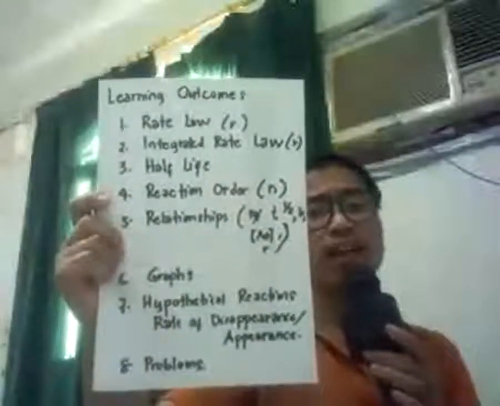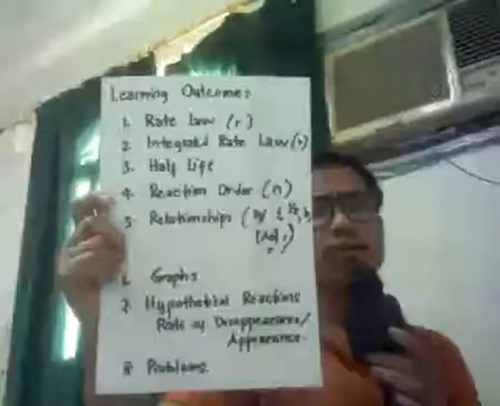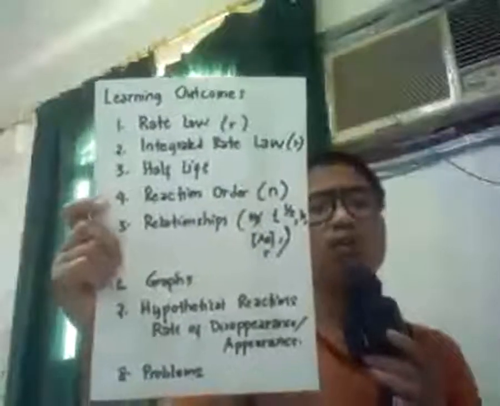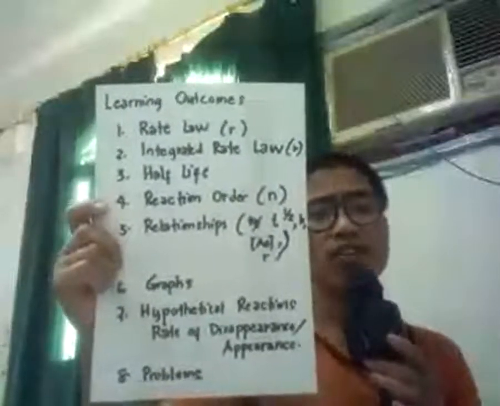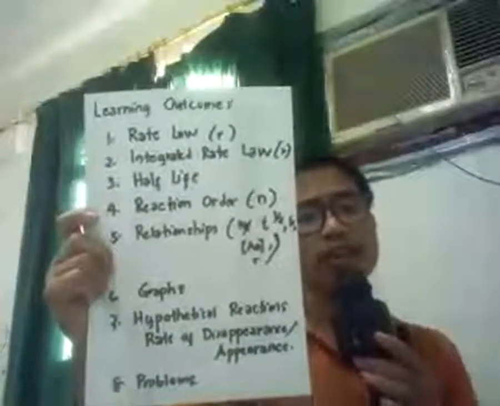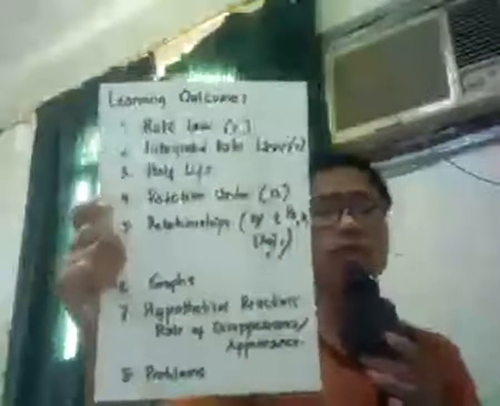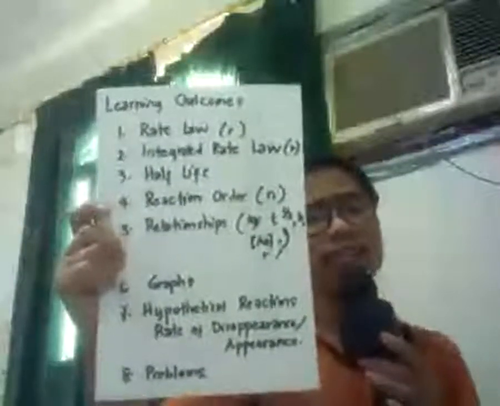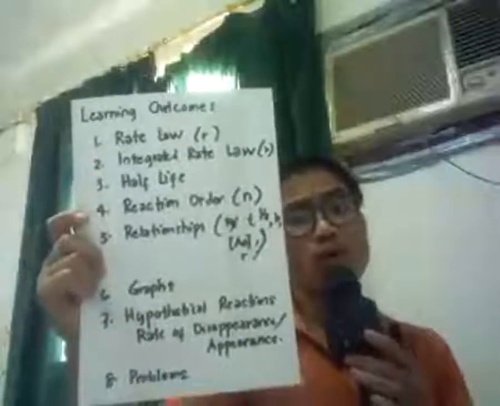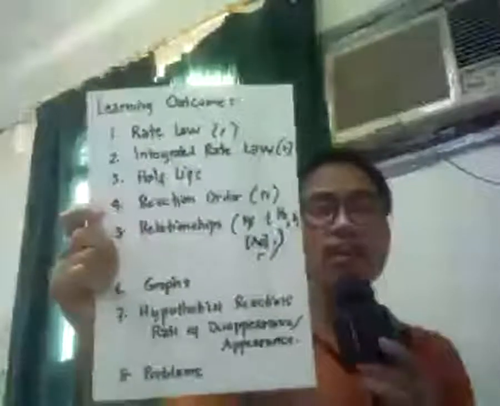The main purpose of this topic, as I kept on repeating, is to determine if our chemical reaction is fast or slow, how fast or how slow it really is. If we need to add a catalyst or an inhibitor, increase the temperature, or increase the concentration, what will happen to our reactants, our initial rates, or our products?